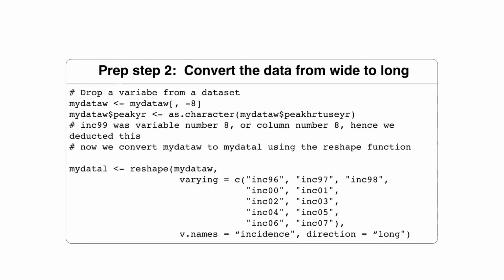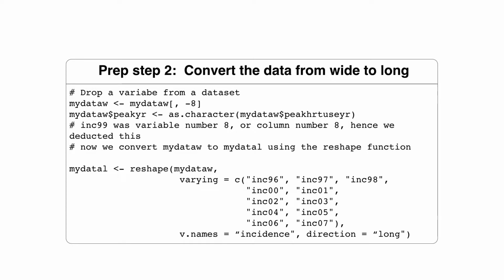In preparatory step 2, we are going to convert the data from wide to long. Now this is very important if you're dealing with what is known as longitudinal data. In this particular case, we are dealing with longitudinal data, and therefore we start with data which is in wide format. That is, each of these years is presented in the form of a single column, and we have then converted that data into a longitudinal data format.